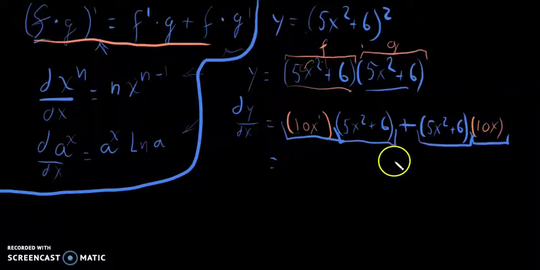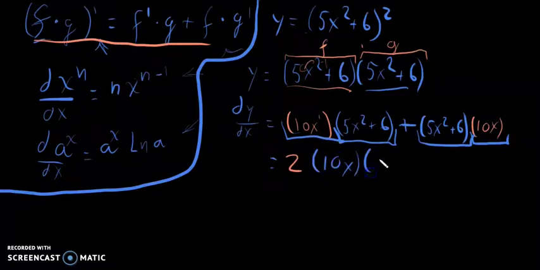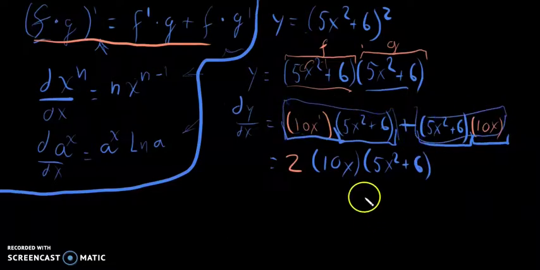So what we can do is join them together by adding them. 2 times 10x times the 5x squared plus 6, right? Because there's two of them, this first term plus the second term. We just join them together.